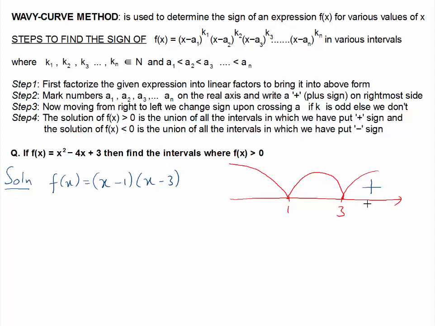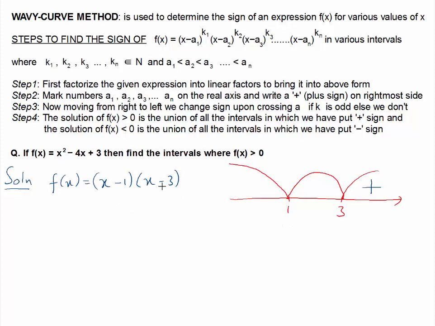Let's take a number greater than 3, say 4. When we substitute 4, we get 4 minus 1, which is 3, positive, and 4 minus 3, which is 1, again positive. Multiplying positive by positive, we get positive. If we take 5, we again get a positive output, and so on. Any number greater than 3 gives this expression as positive.